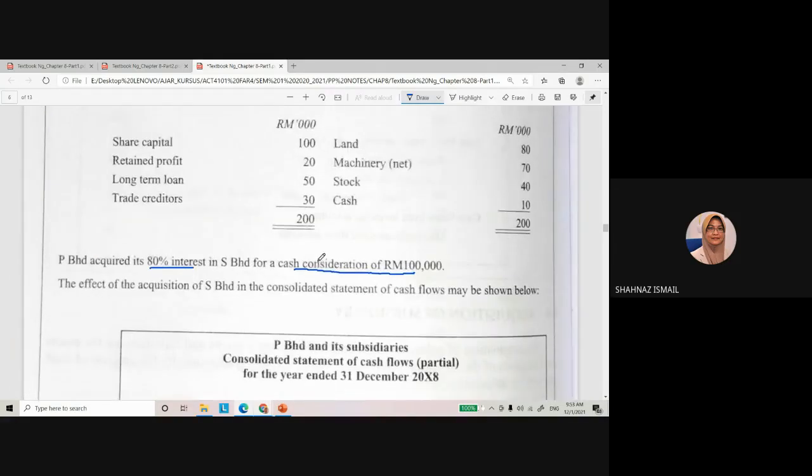So kalau kita tengok kat sini, okay, dia bayar 100,000, kemudian cash yang ada dalam S adalah sebanyak 10k. Jadi dia punya difference tu ataupun nilai cash yang bersih, nilai cash bersih adalah 90.